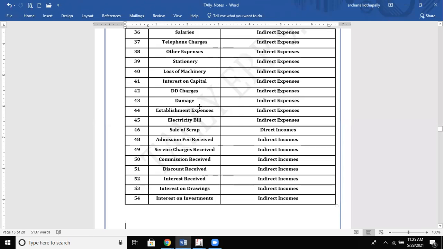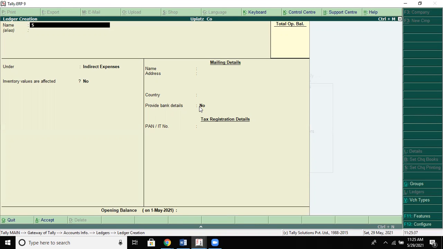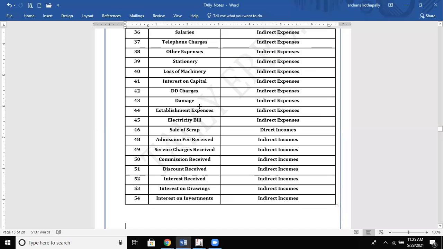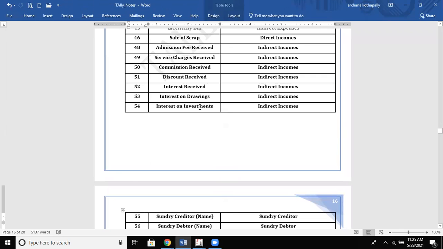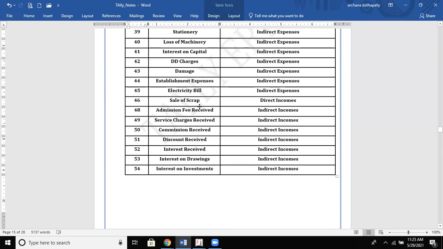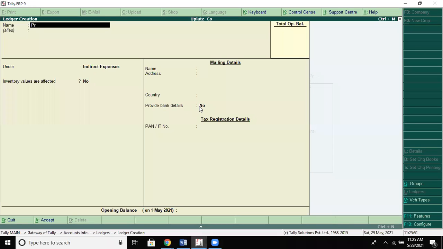Salaries. So indirect expenses. Stationery, nothing but printing and stationery.